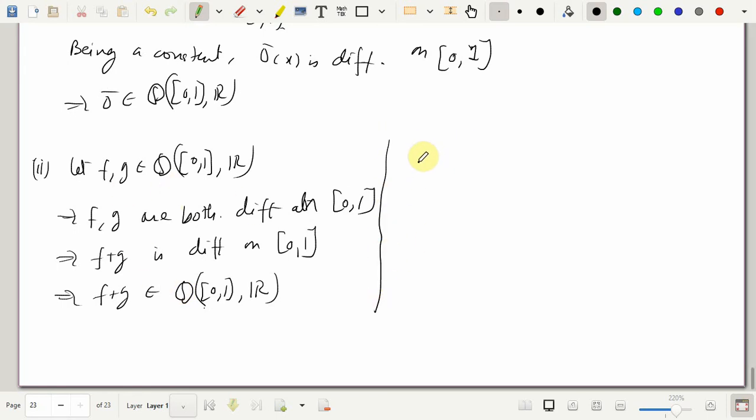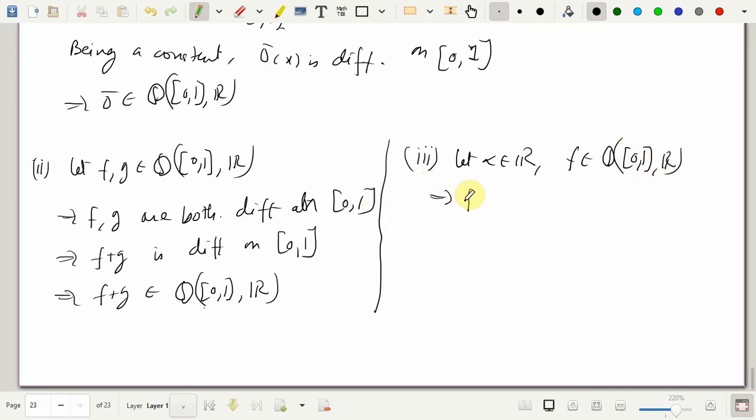Third thing, we need to check whether the scalar times a differentiable function is again differentiable. So suppose alpha is any real number and f is a function belonging to this collection, that means it's differentiable on the domain 0, 1.